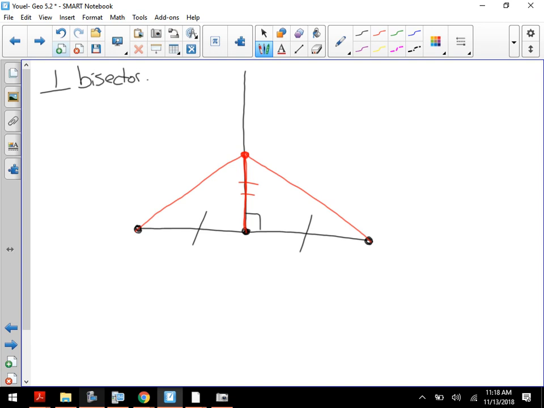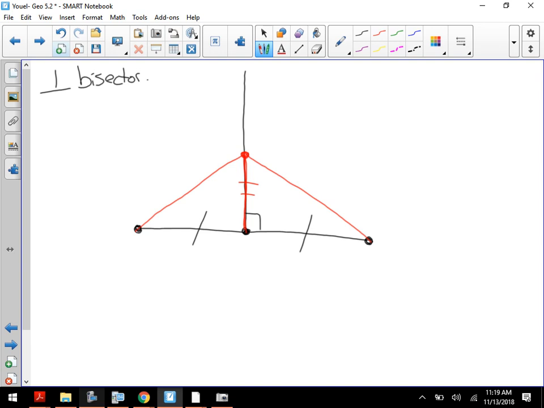Because of what? Side angle side, good. They're congruent because of side angle side. Now, when you have triangles that are congruent, what can you say then about all of their corresponding parts? They're also congruent.